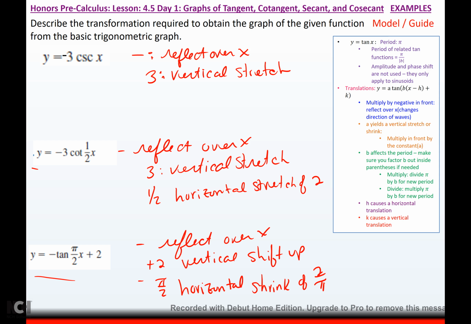You'd think it's a stretch because pi over 2 is bigger than 1, but it's actually going to be a shrink, and then you have to flip it over.